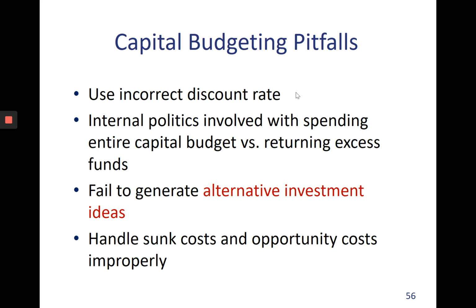Going with a project might mean that we stop research and development and looking for alternative investment ideas, and that may cut into our innovation and finally into our future cash flows.